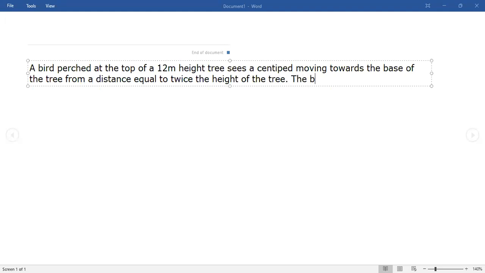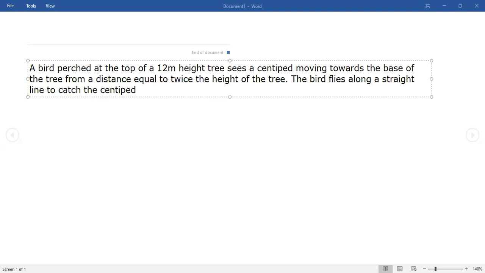The bird flies along a straight line to catch the centipede.